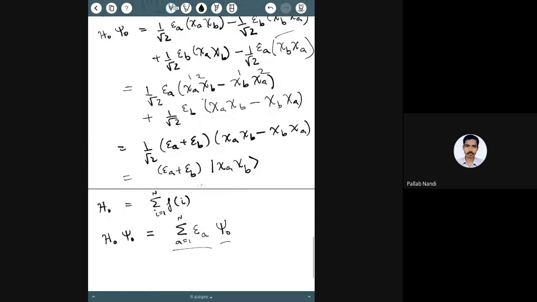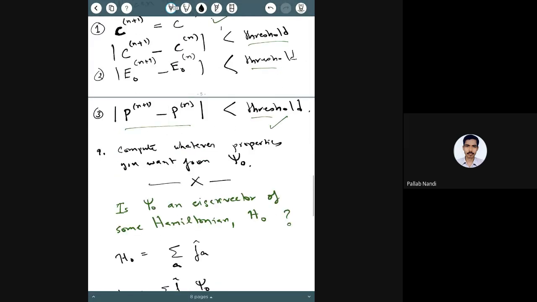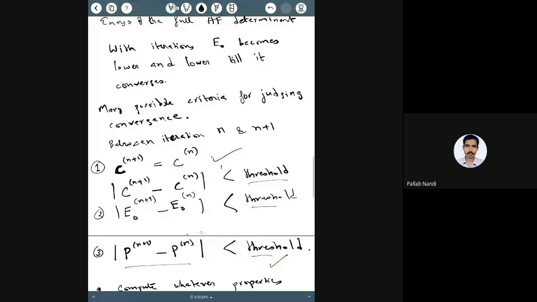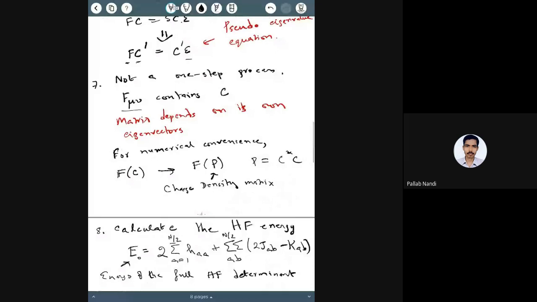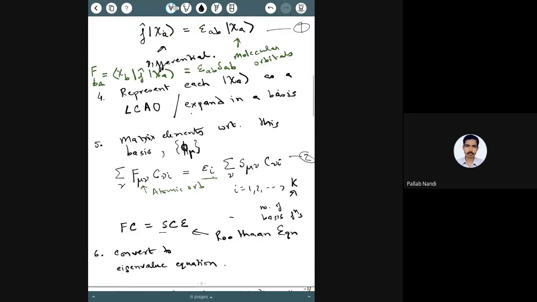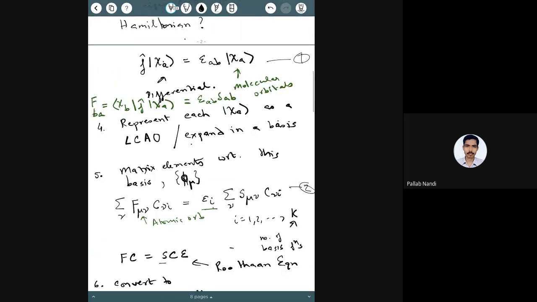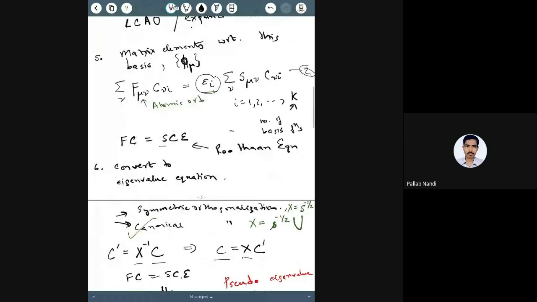So you have the orbital energies here. Where is it? In FC, it's the diagonals of the epsilon matrix. So let's see which one is easy to see. So it's this actually. All the orbital energies are the diagonals of this.